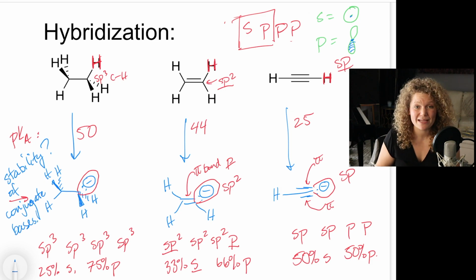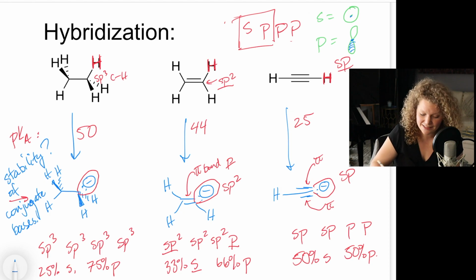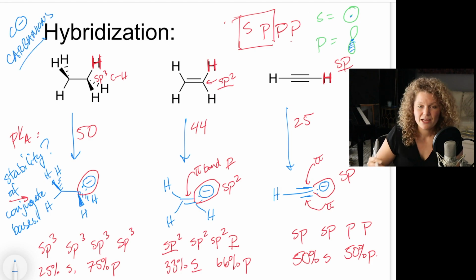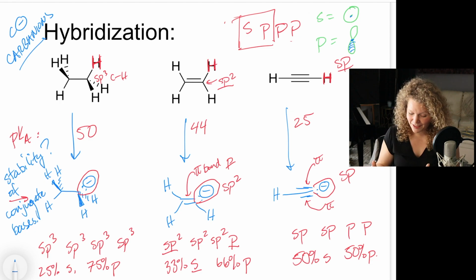Our conjugate bases here are carbanions. So carbanions have negative charges. So carbanions are this. We're looking to see if any of these carbons are cool with having a negative charge.